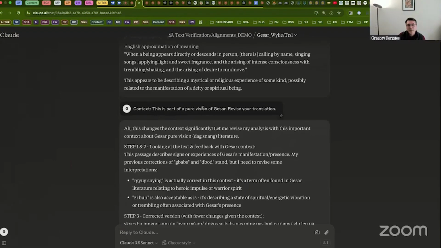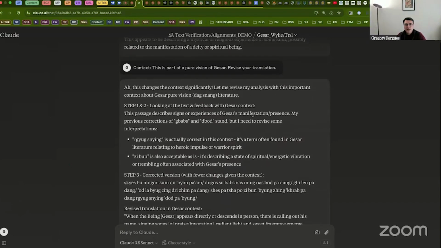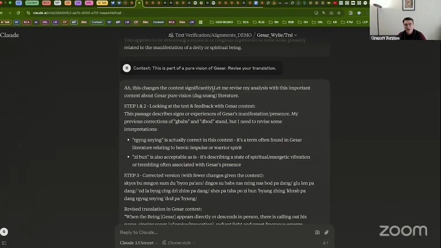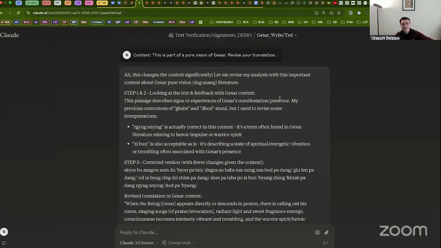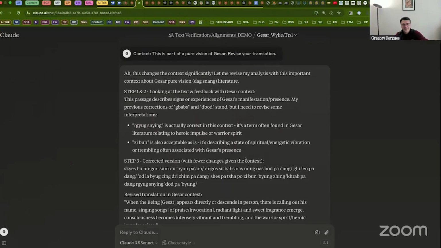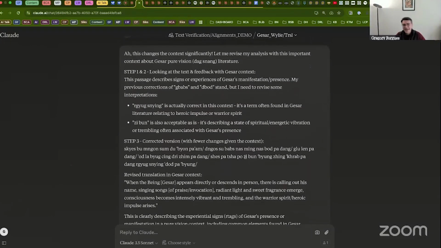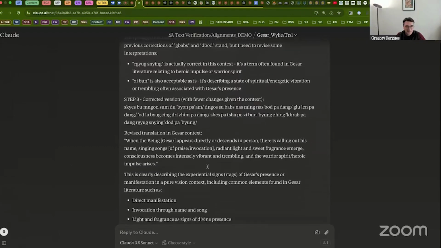Okay, so now I'm providing a bit more context. I'm saying this is part of a pure vision of Gesar. Review your translation. And so this changes the context significantly. So the model is like, let me revise my analysis with this important context. And so there's a whole discussion here of the terms, and I find it fascinating, really. And then it suggests another thing.